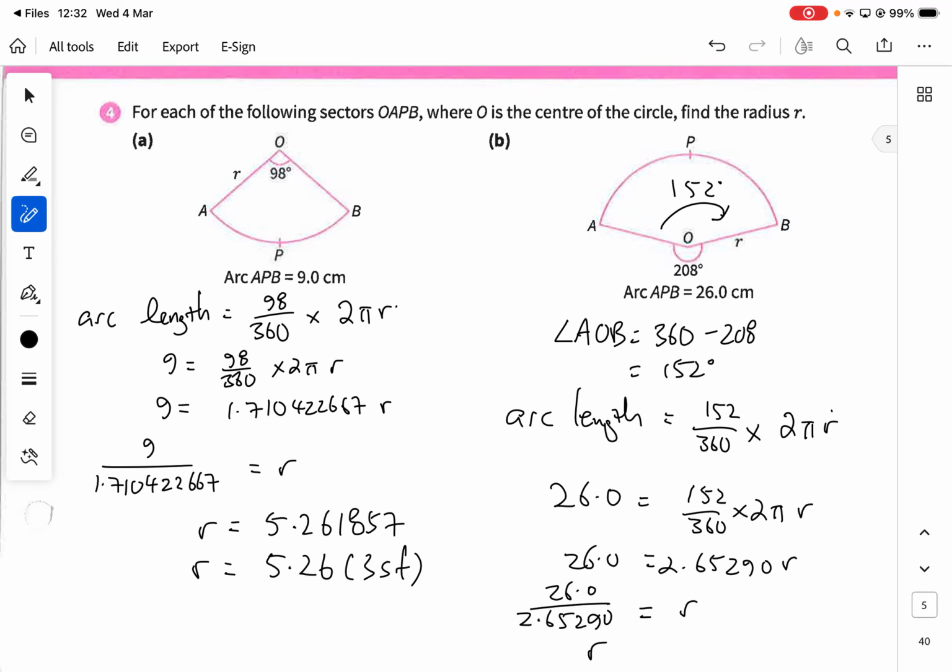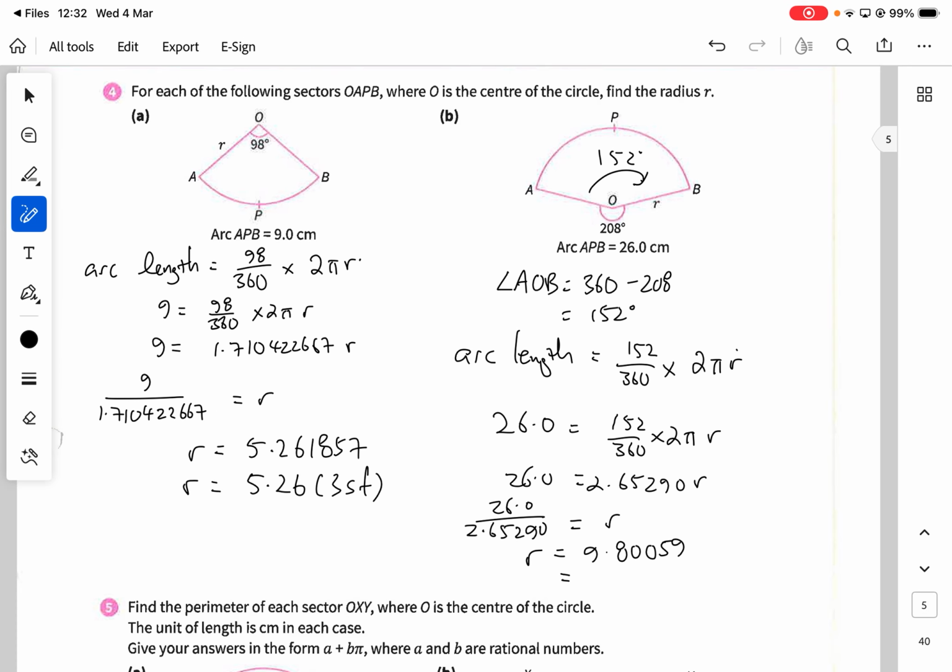Meaning once you find the arc length, you must add the 7.8, you must add the 7.8. We have actually done this question before, just that now they ask us to give the answer in the form A plus B pi. Meaning they don't want you to key in pi to your calculator, or go and find out the actual number. They want to leave pi as pi. So we go by the same way we have been doing.